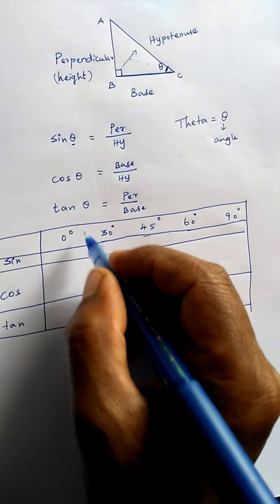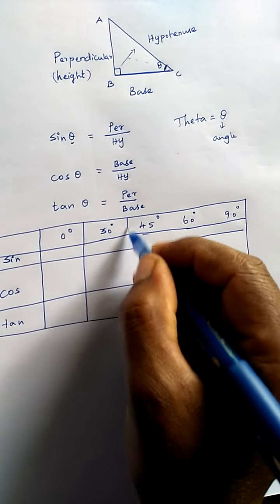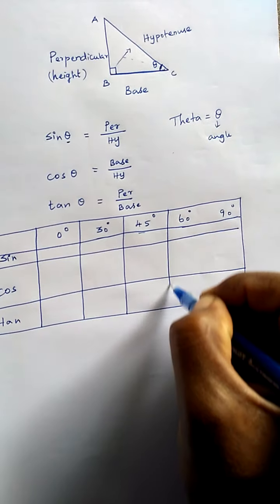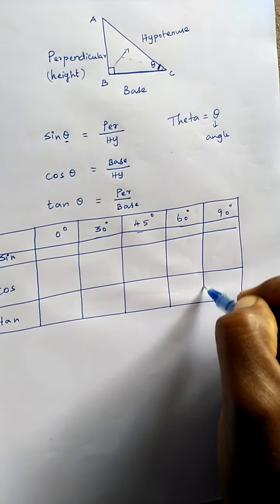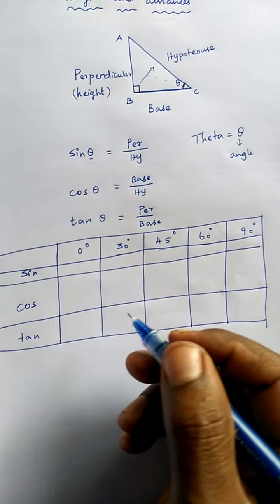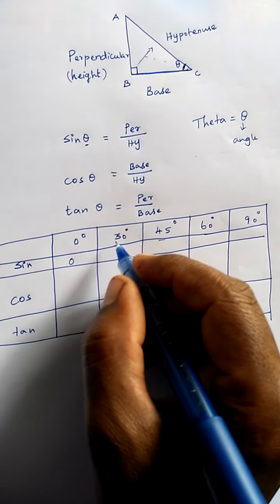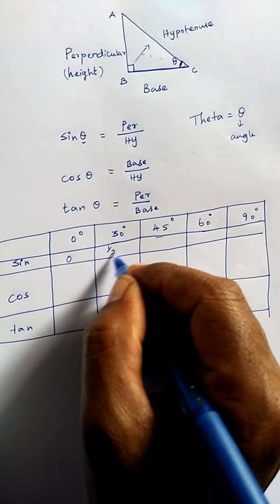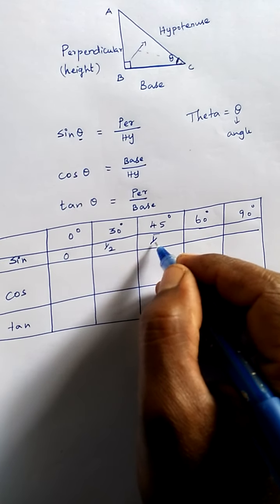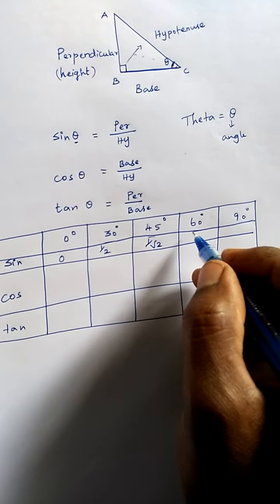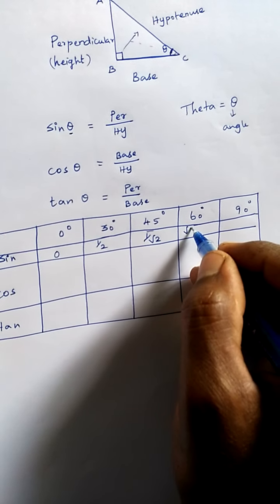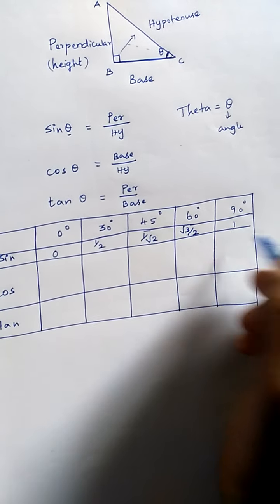This tabular column you also learn in the 8th chapter, introduction to trigonometry. So sin 0 degree value is 0, sin 30 degree value is 1 by 2, sin 45 degree value is 1 by root 2, sin 60 degree value is root 3 by 2, and this is 1.